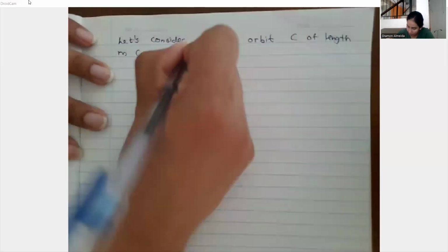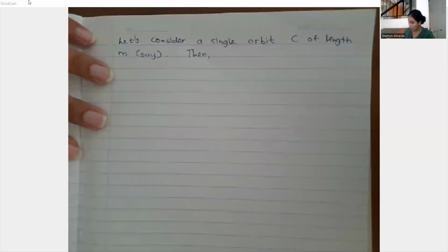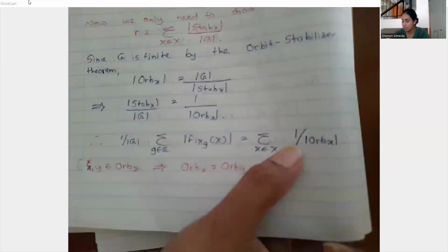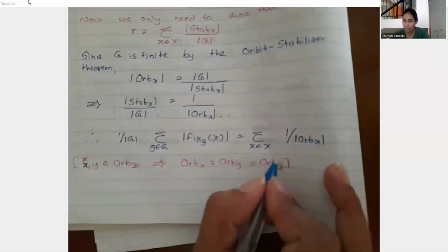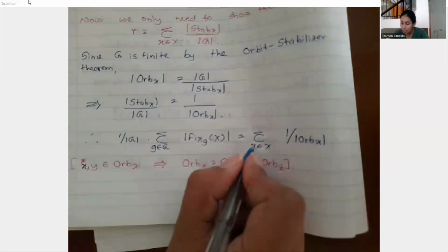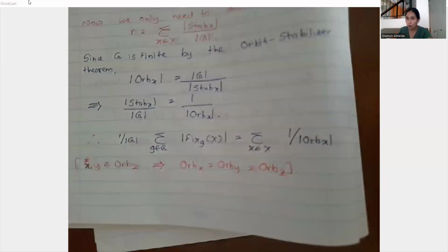Then if you go back to this sum, because we are trying to find a value for this sum, instead of taking X from all over the set X, we are simply going to consider X that are in this one orbit.